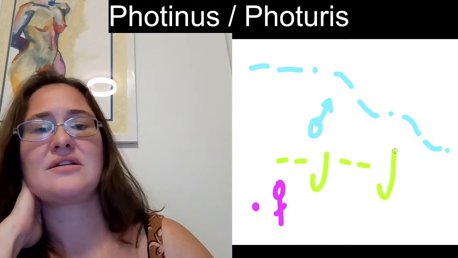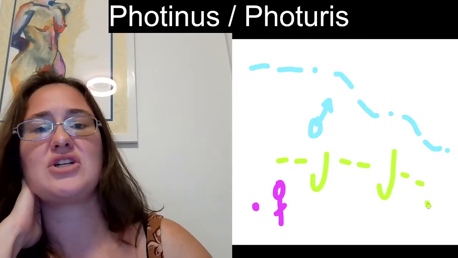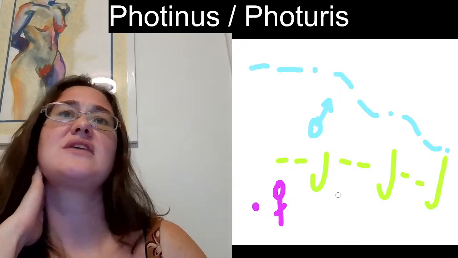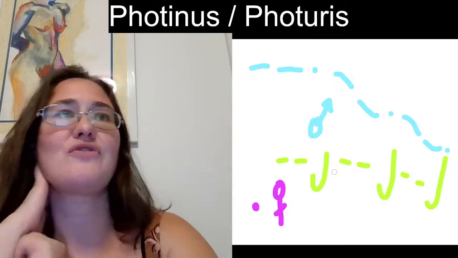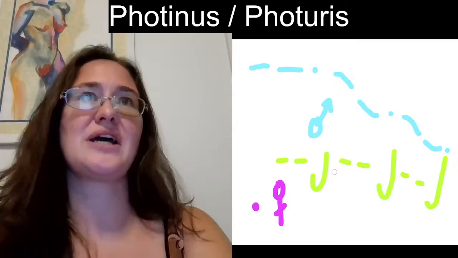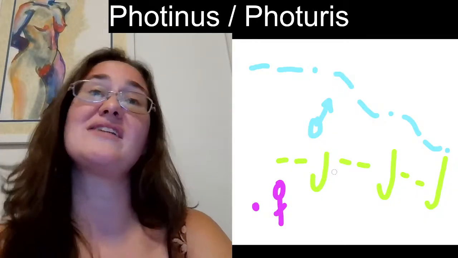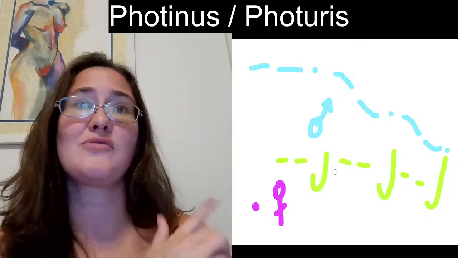That is why we call them a J-shaped firefly. They create these J's in the air. And that is a Photinus species, Photinus pyralis. So it is a toxic firefly, the most common one.